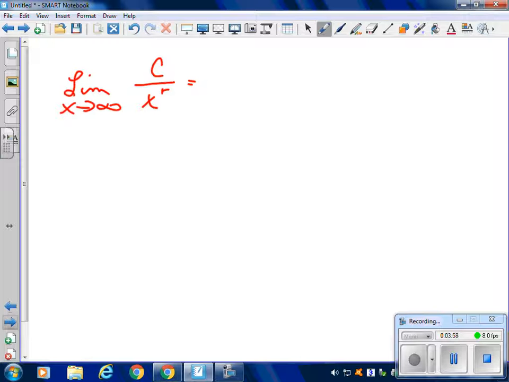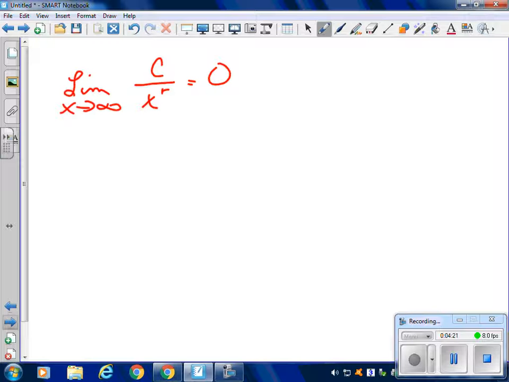What's happening to this denominator, to the whole thing? Think about it. Getting bigger, so it'll be getting closer to 0. That's right. As this denominator gets larger, the whole fraction is going to get closer to 0. So when you do the limit to infinity, whether it's negative infinity or positive infinity, the answer to this is going to be 0. That's an understood rule.